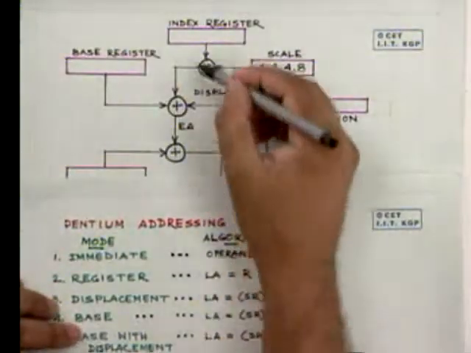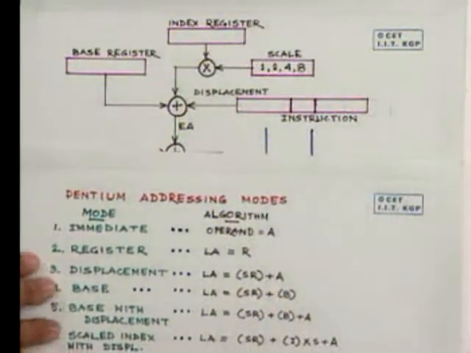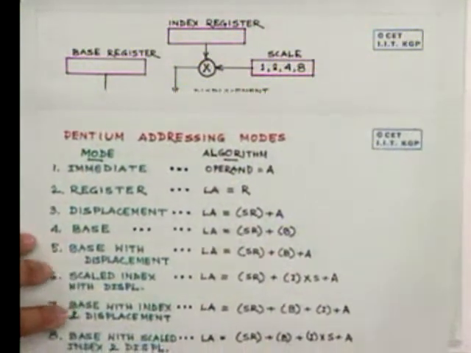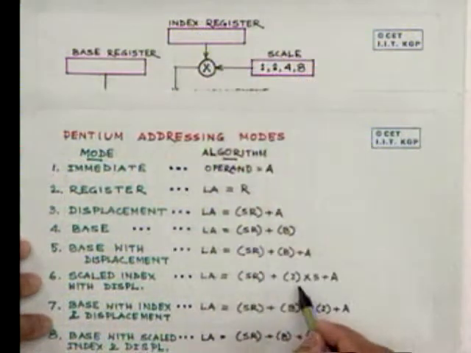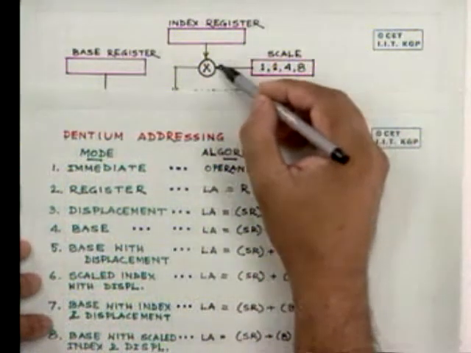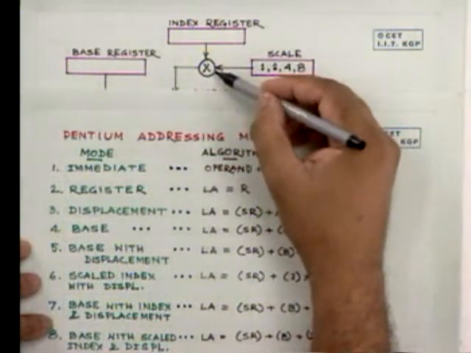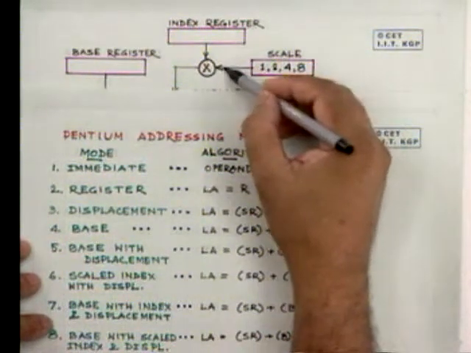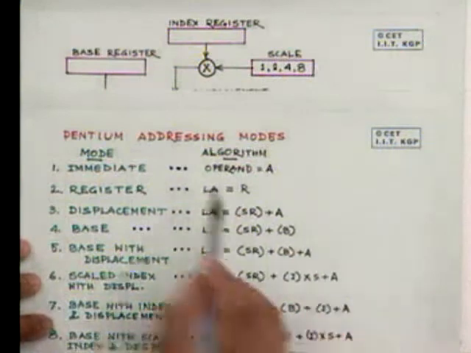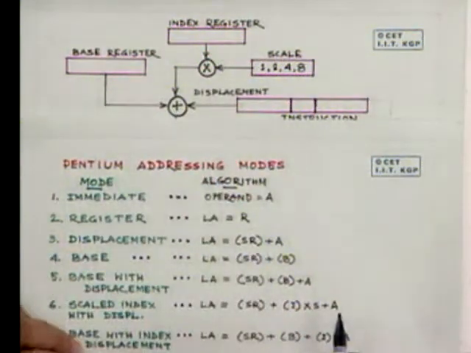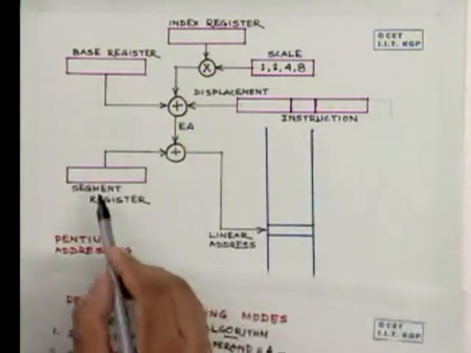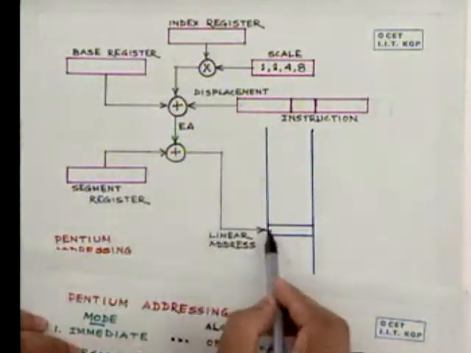That means you take the content of an index register, multiply it with the scale, the value the scale register provides, add the displacement from the instruction, and then add the segment register content to get the linear address.